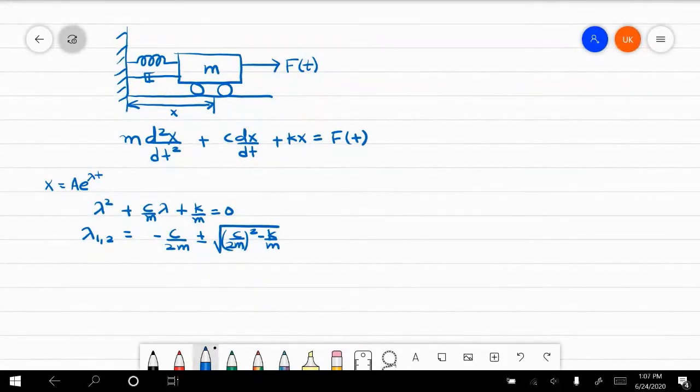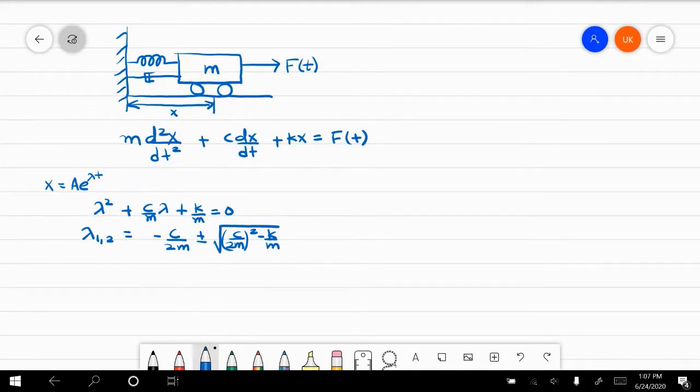And then we discussed the various possible solution behaviors depending on how this c/2m compares with square root of k/m. So we discussed three possible cases.